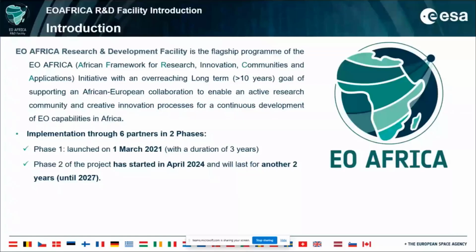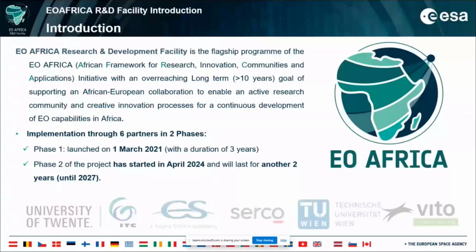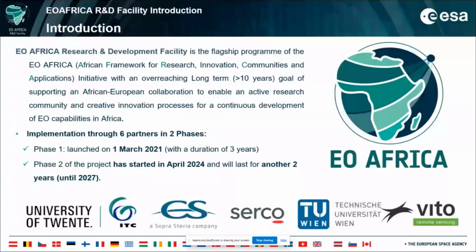This project is being developed by 6 partners: University of Twente as the leader of the project, and also CS Group France, CS Romania, Serco, TU Wien and Vito. Altogether, the 6 partners are continuously contributing to the activities, which started 4 years ago and will continue for another 2 years.